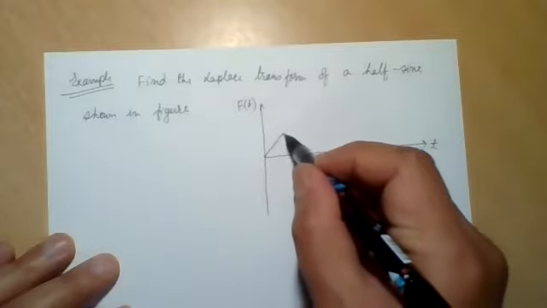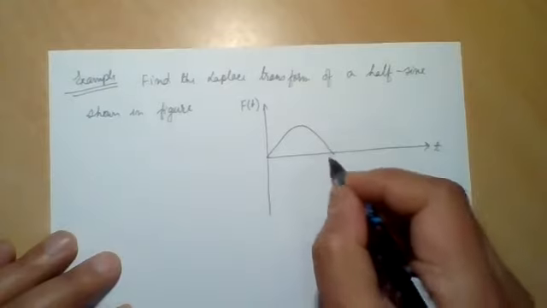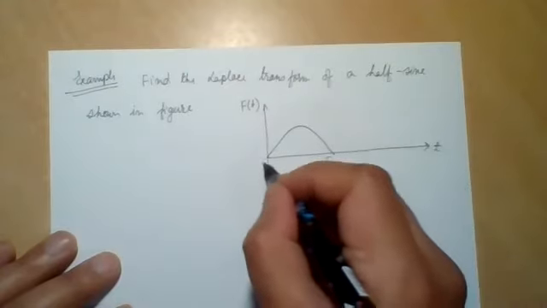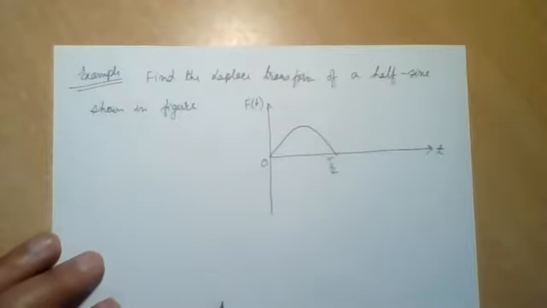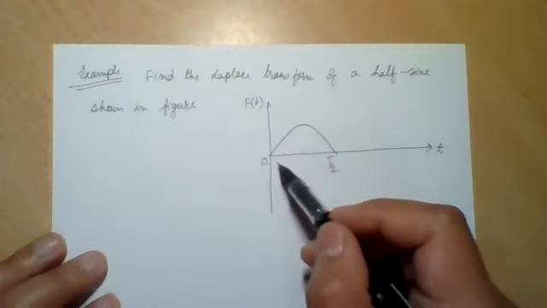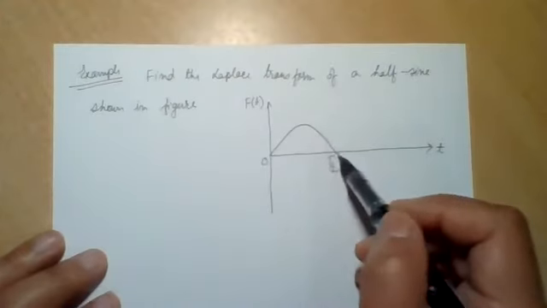Half sine is something like this. This is t by 2. This is 0. So I have this figure, half sine. This is a half sine curve.